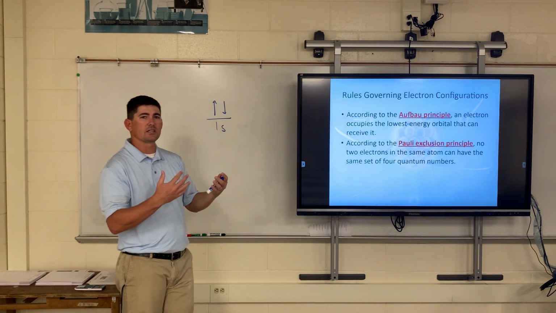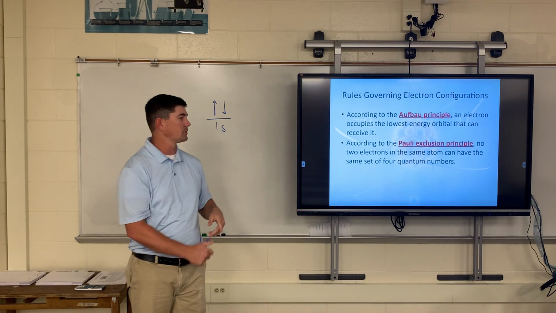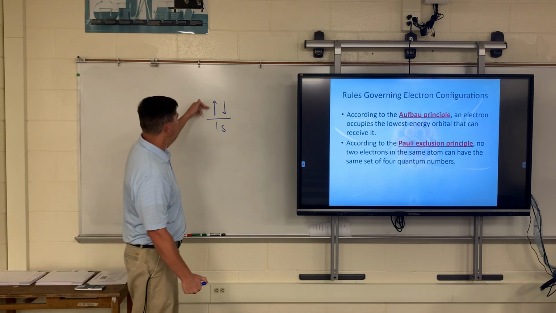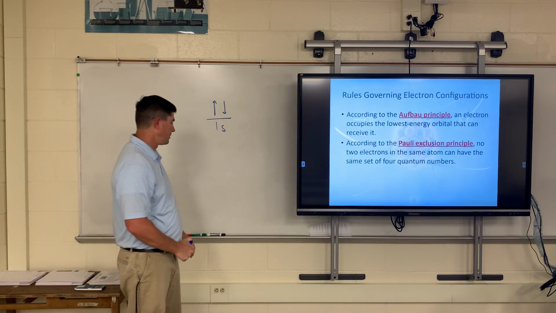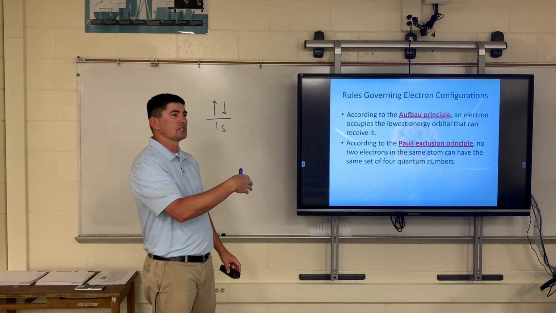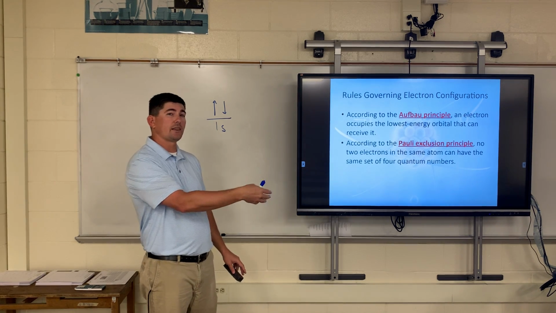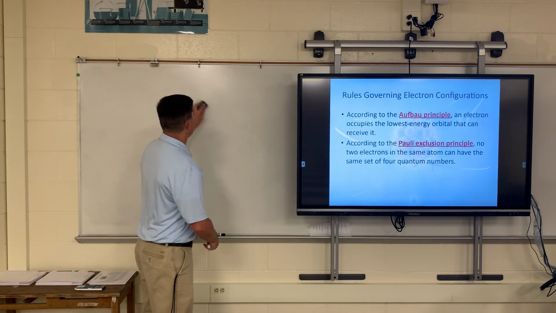That gives them a different set of quantum numbers, so even though they're in the same orbital, they don't have the same set of quantum numbers. In orbital notation, we take care of that with the arrows spinning in opposite directions if they're in the same orbital. In noble gas notation and electron configuration, we just assume that you understand that; you don't actually see it in the notation anywhere.